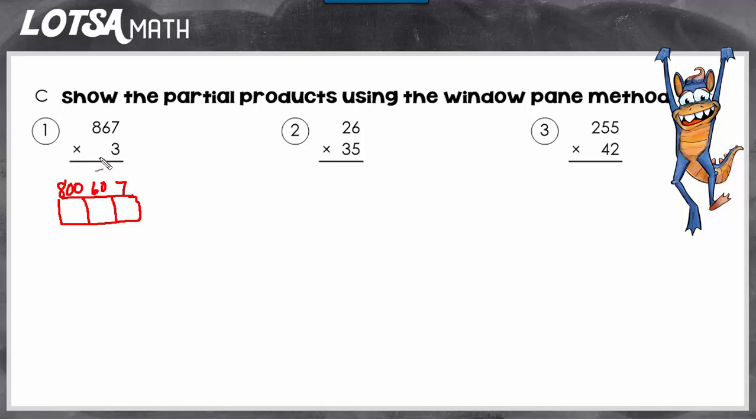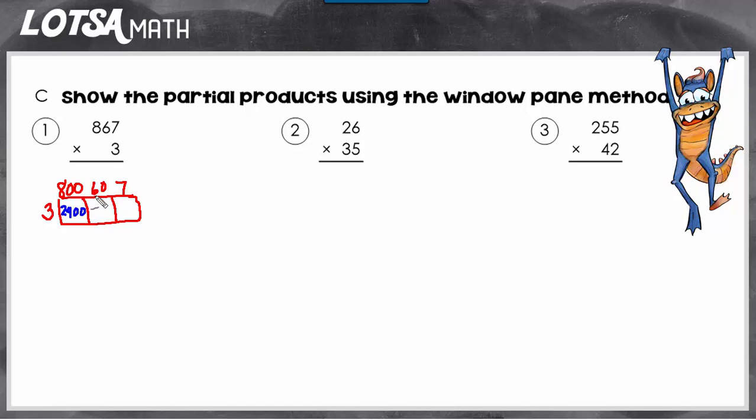Now your multiplier is going to go at the front of the row, and you're going to write the value of the multiplier right here. And now inside of each box, you're going to multiply the number that is straight above and all the way across. So here we see 800 times 3. I'm going to use the I Spy method and do 8 times 3, which is 24, and then add my 2 zeros.